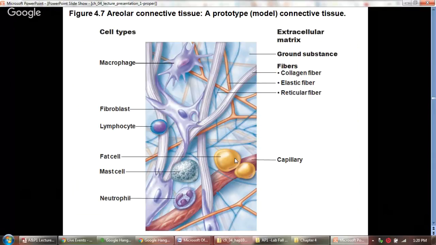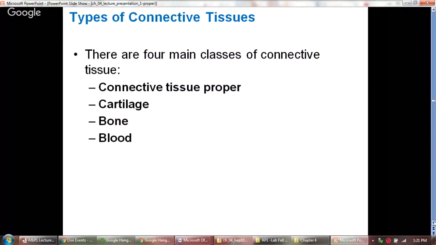You see fat cells in yellowish color, mast cells with lots of vacuoles, and the neutrophils with divided nuclei over here. You would recognize them. The lymphocytes have a single nucleus with round-shaped cells. The macrophages you would also encounter, and the number or type of cells varies depending on the type of tissue.